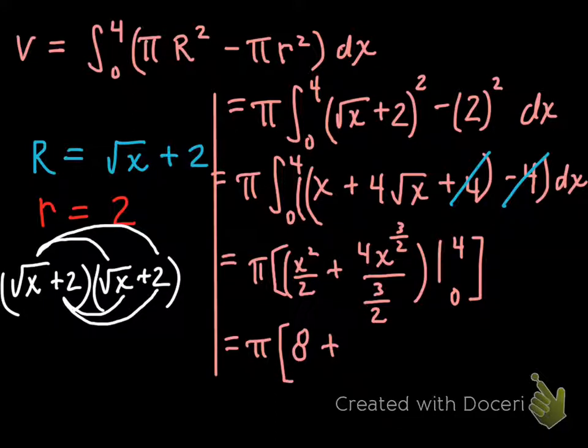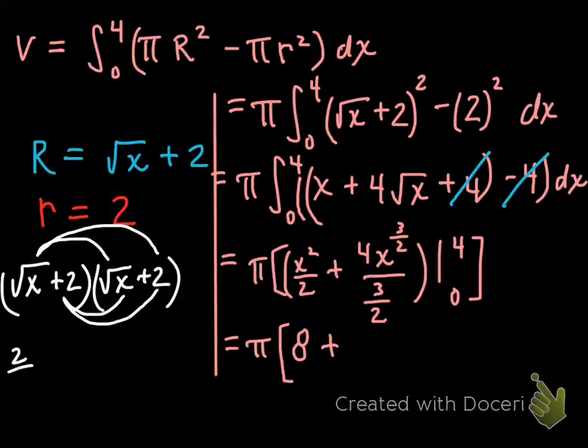Now I'm plugging in a 4 for the second x. 4 raised to the 3/2 power. Think of it as the square root of 4, 2 cubed. 2 cubed is 8. 8 times 4 is 32. Then I'm multiplying that by the reciprocal of 3/2, which is 2/3.